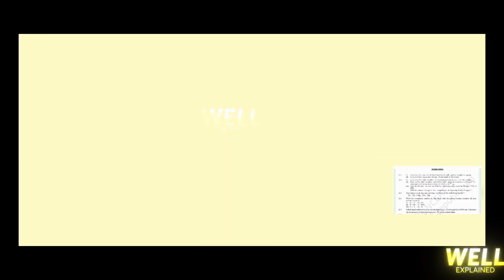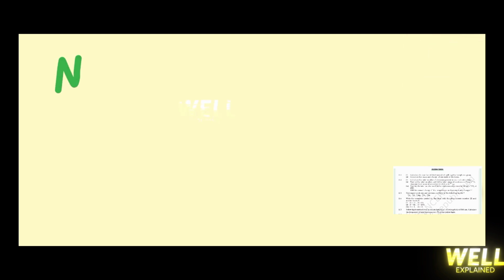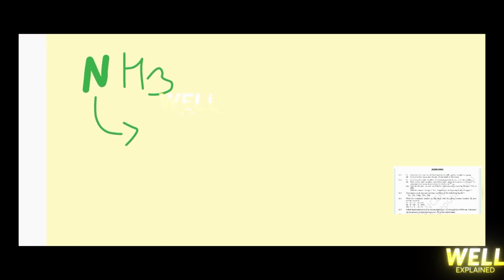So let us start. Total number of protons in NH3. Number of protons in nitrogen, we have 7 protons, and in hydrogen we have 1 proton and 1 electron.